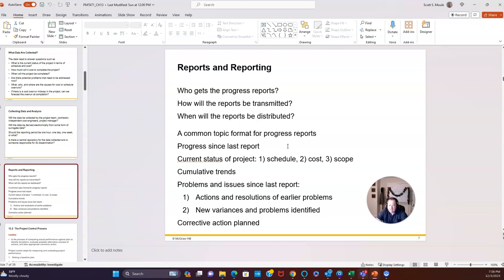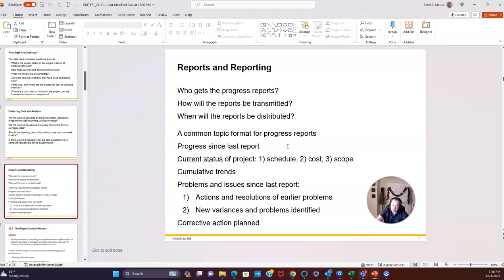But when you take a look at most projects, the three critical areas you need to look at always revolve around schedule, cost, and scope. That's what most stakeholders are really looking at. Are you on track? Are you ahead of schedule or behind schedule?